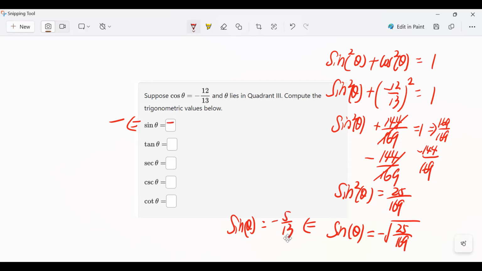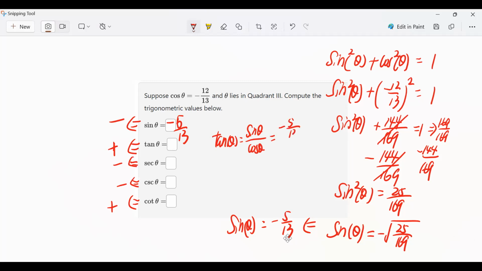Now, once you know the value of sine theta, we know in the third quadrant, cosine is negative, sine is negative, tangent is positive, and cotangent is positive. And so tangent equals sine over cosine. Tangent theta, using the quotient property, sine theta over cosine theta, we end up with a positive 5 over 12.